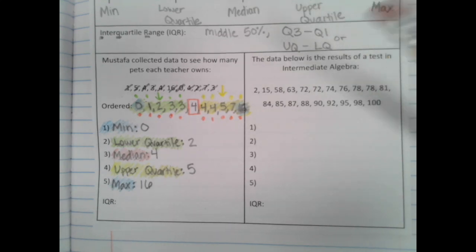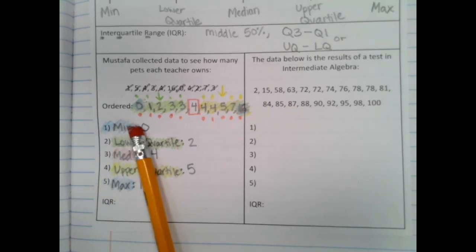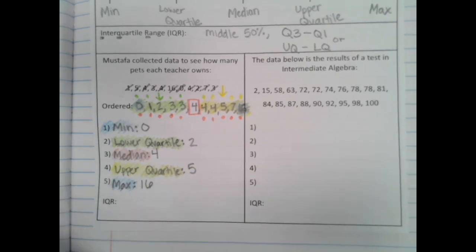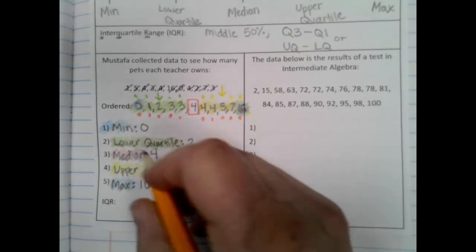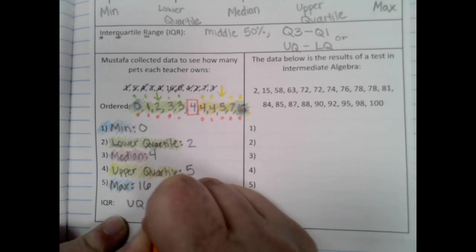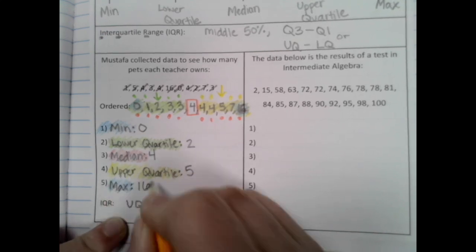All right, so I want to find my middle amount, my IQR, my inner quartile range. Because I know that there are some teachers who have 0 pets, and obviously there's a teacher who has 16 pets. I want to know, where does the middle 50% end up? For inner quartile, this time we're going to do our upper quartile minus our lower quartile. That's how we labeled them, upper and lower.